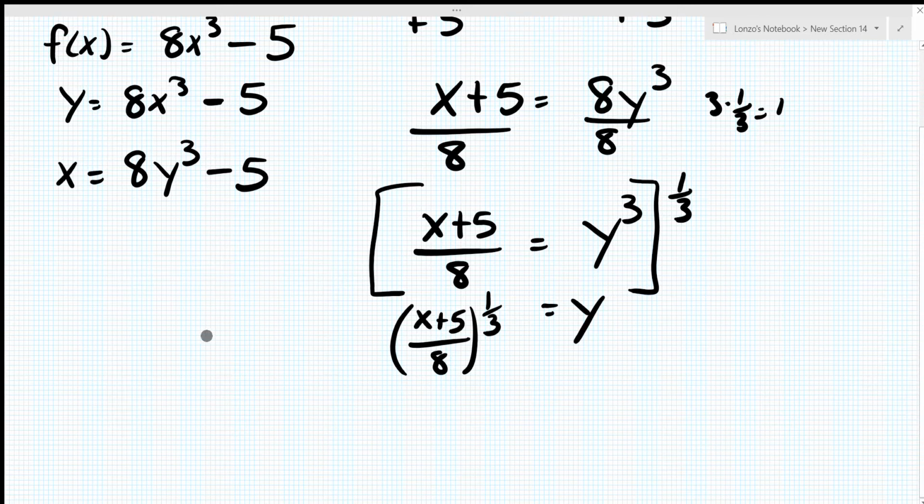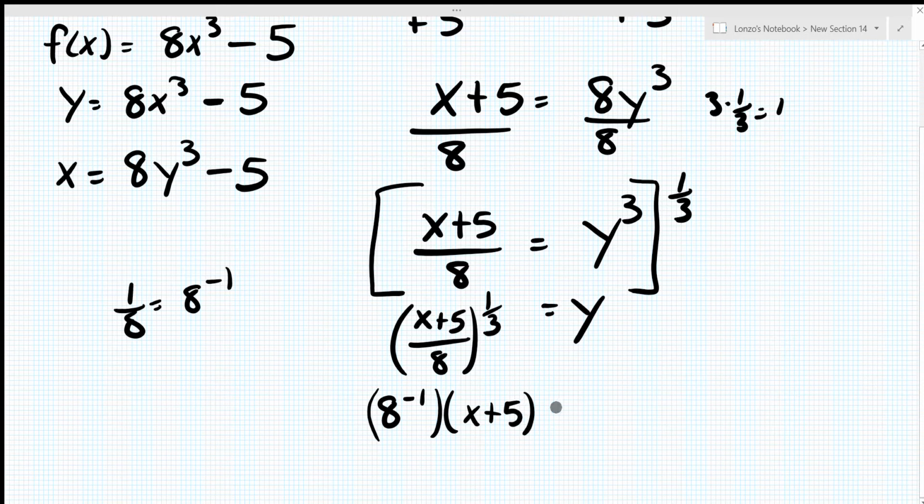So what's another way of writing 1/8? You can rewrite 1/8 as 8 to the negative 1, right? And then you have this one times x plus 5. And then you raise that whole thing to 1/3 equals y.